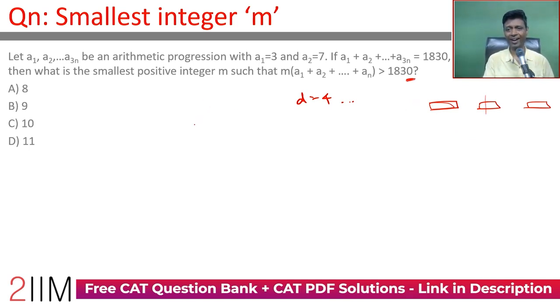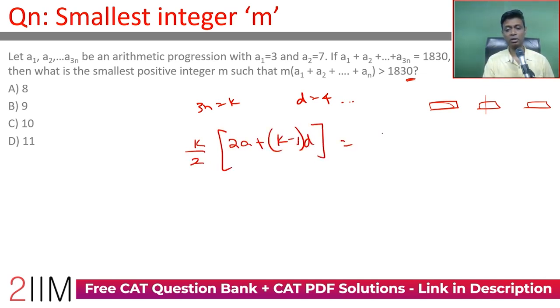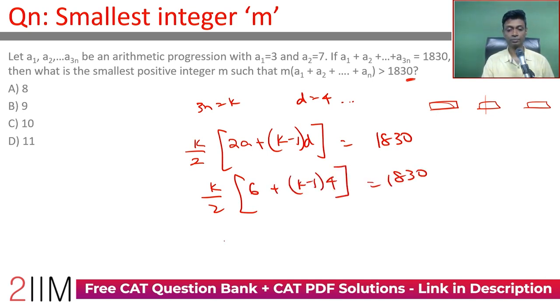And so sum of n terms of this AP, common difference, I'm going to forget n, put 3n equal to k. And sum of k terms of the AP, k by 2 into 2a plus k minus 1 into d is 1830. K by 2 into 2 into 3, 6, plus k minus 1 into 4 is 1830.